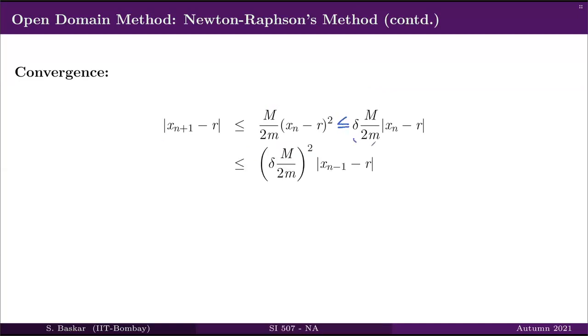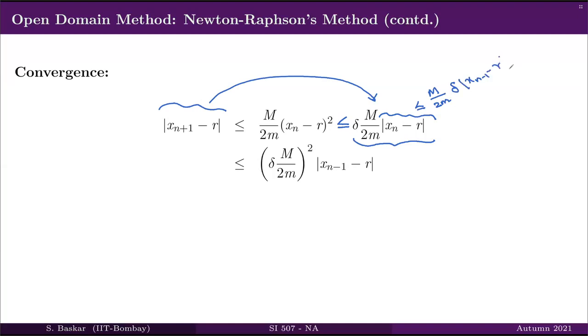Now, once you have this inequality, you can apply the same inequality to xn minus r. And you see that this is less than or equal to m by 2m times delta into mod xn minus 1 minus r, right? That is this term alone I'm saying. That, when combined with what is already there, you can say that this entire right hand side is less than or equal to delta times m by 2m, the whole square, into mod xn minus r.